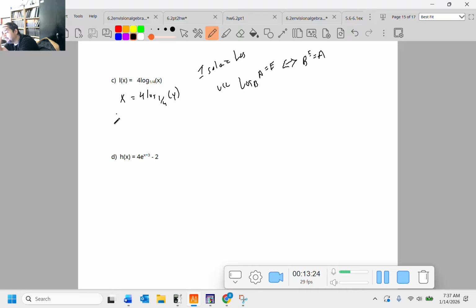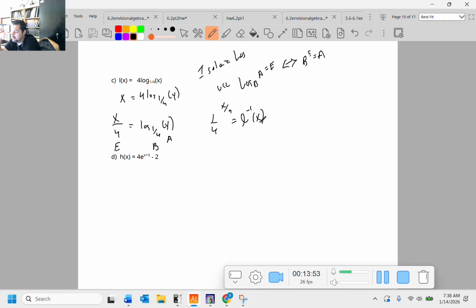So I need to divide by 4 to isolate the logarithm. x over 4 equals a log whose base is a quarter of y. Base, argument, exponent. 1/4 is my base. It is raised to the x over 4, and it equals y. And now that you've solved for y, it becomes the inverse of L of x over here. So that would be L to the negative first of x, the inverse of L of x.